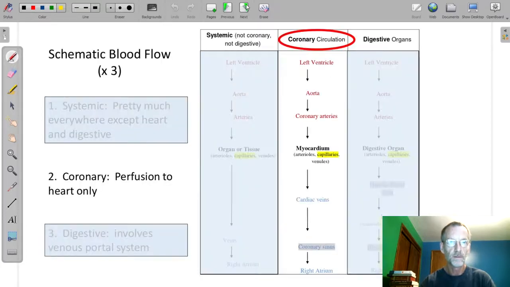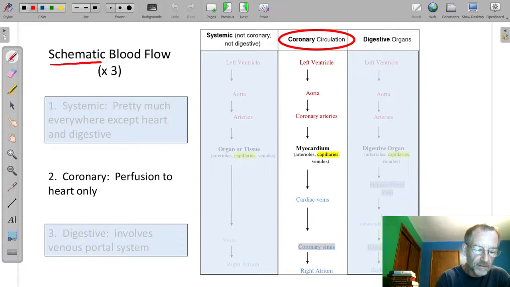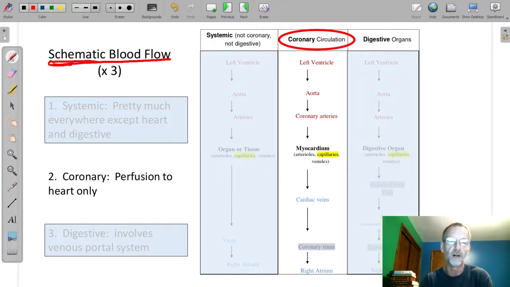Just to start out, to kind of get you oriented, this slide is showing a schematic diagram of blood flow, three variations on this. A schematic just means it's sort of a flow chart.